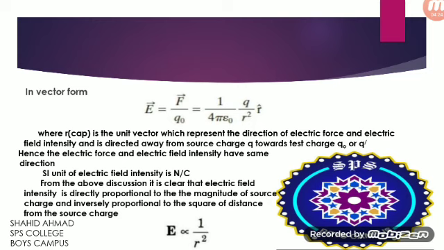Hence, electric force and electric field intensity have the same direction. The SI unit of electric field is Newton per coulomb, which is equivalent to volt per meter. Newton for force and coulomb for charge.